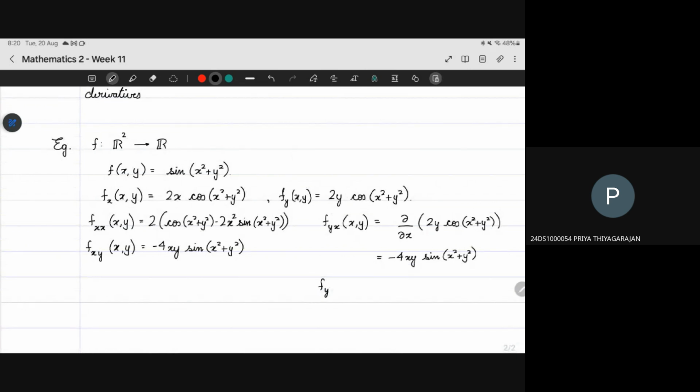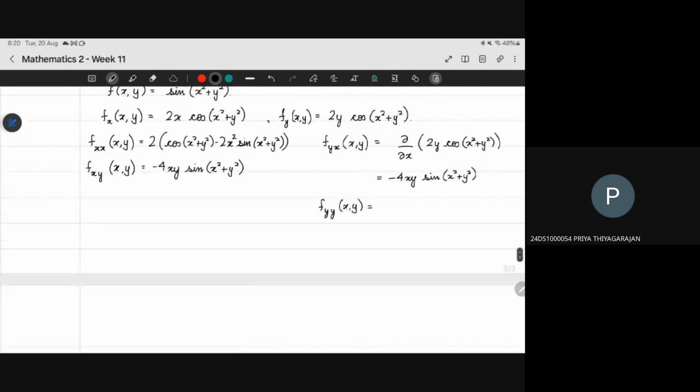This is fyx, which is the partial derivative with respect to x of fy, which happens to be this. Now the other one is fyy at xy, for which you will get some expression like the first one. It will be 2 times cos of x squared plus y squared minus 2y squared, I believe, sine of x squared.